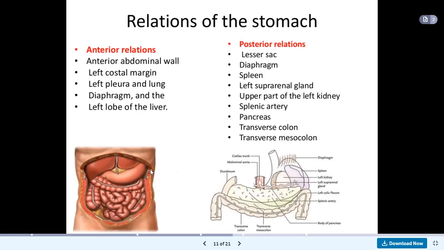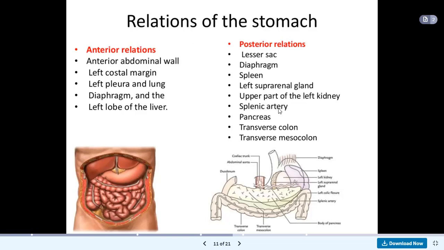Just behind the stomach here on the left side, you'll find your kidney and the suprarenal gland, but it's not showing in the diagram. Okay, let's see this diagram. Yeah, so here you see the left kidney and the left suprarenal gland. So they are somewhere here. They are related to the stomach posteriorly. And then the upper part of the left kidney is related to the stomach posteriorly.